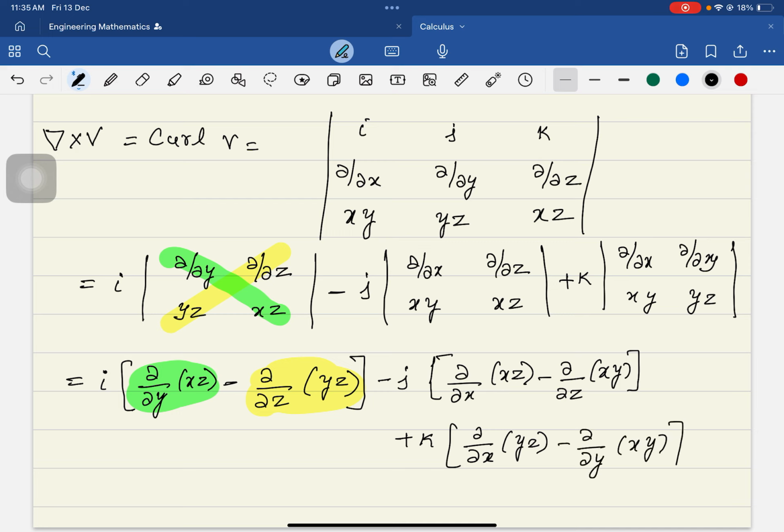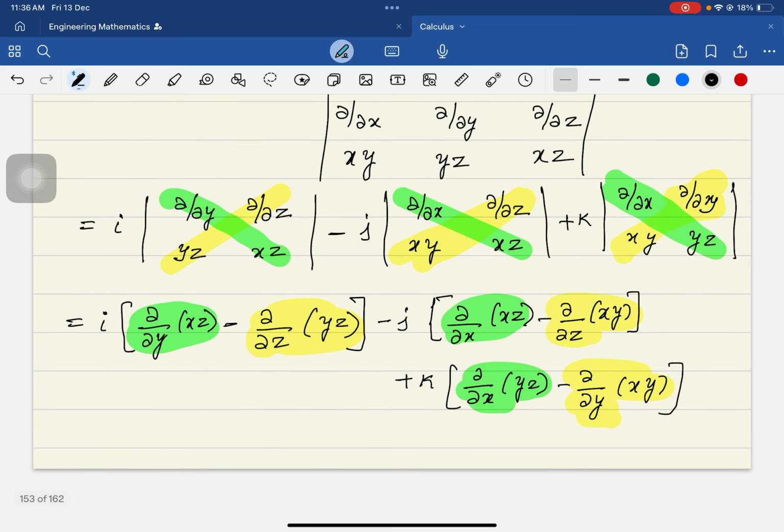So this is what you have to get. Now what is ∂/∂x of xz first of all? This is this term. And again ∂/∂z of xy is this term. And then ∂/∂x of yz means this term. Please understand, don't make mistakes, and try to do it properly in the exam.